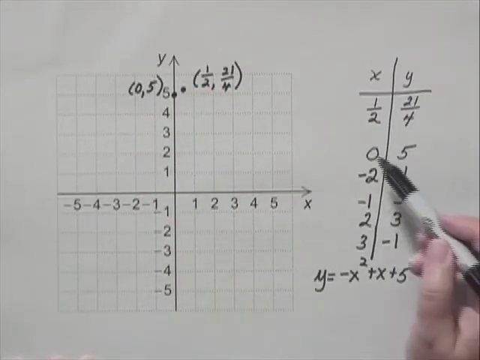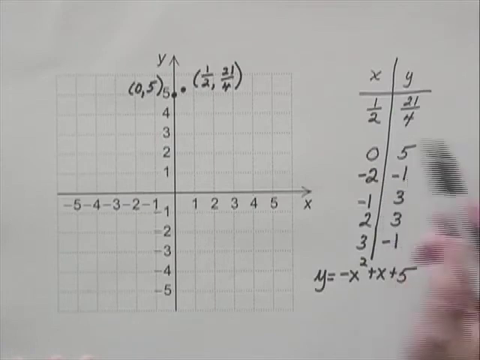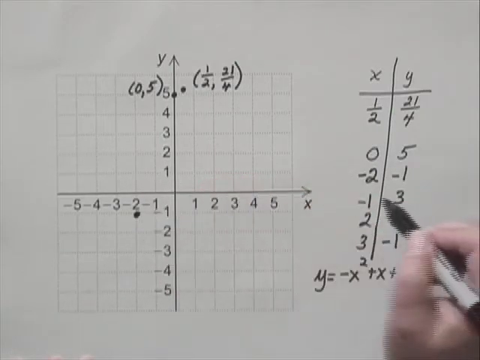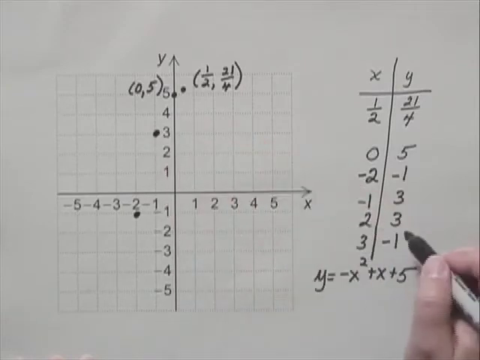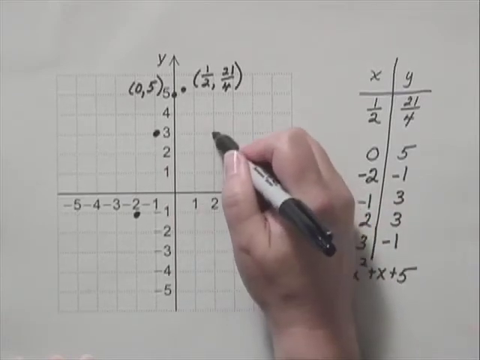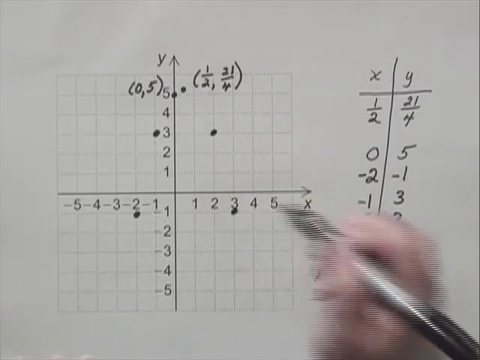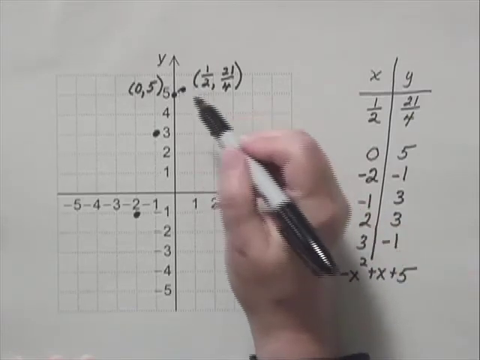Now the other points we'll just plot: -2, -1, -1, 3, 2, 3, 3, -1, and we'll sketch the graph then.